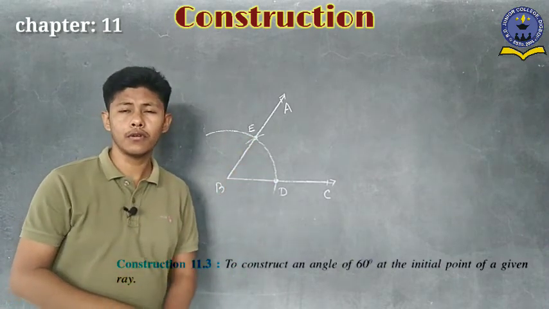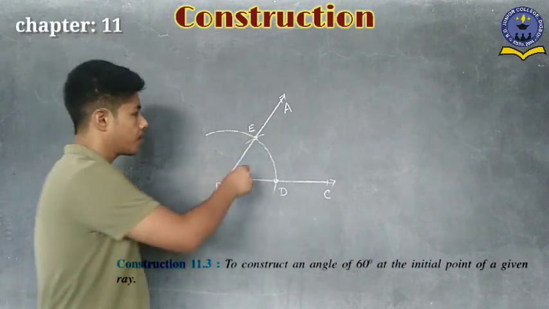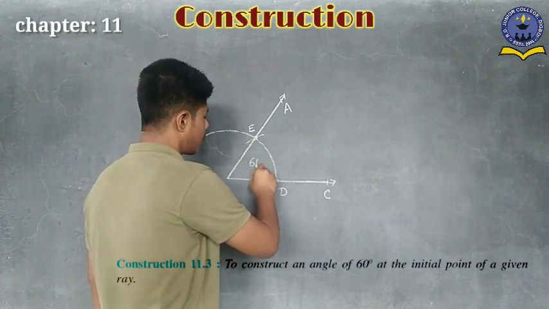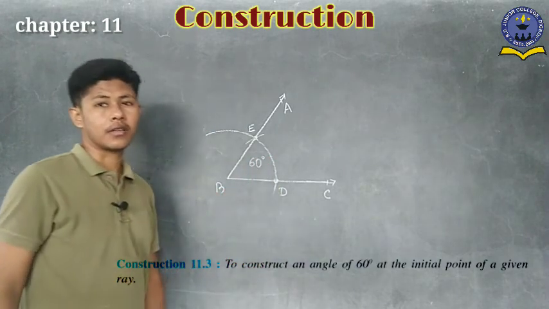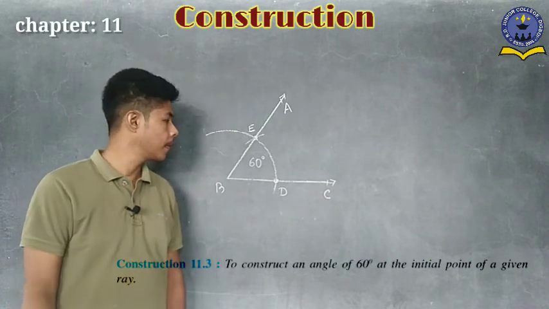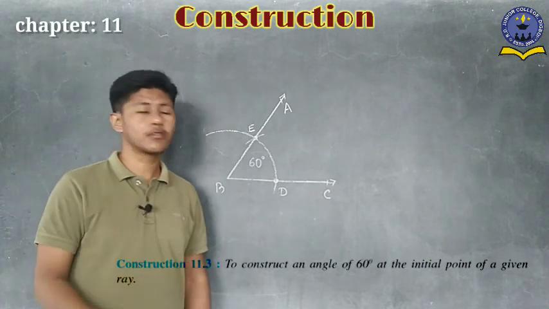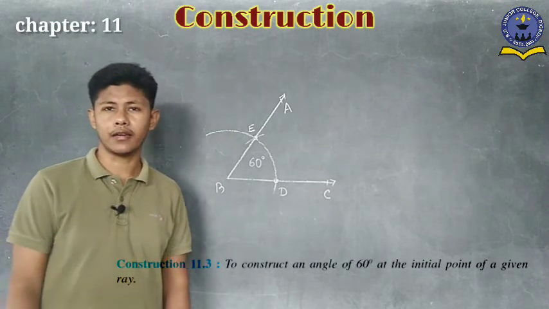All of you know how to measure an angle. This angle is always 60 degree. Very simple. In this way we can construct a 60 degree angle.